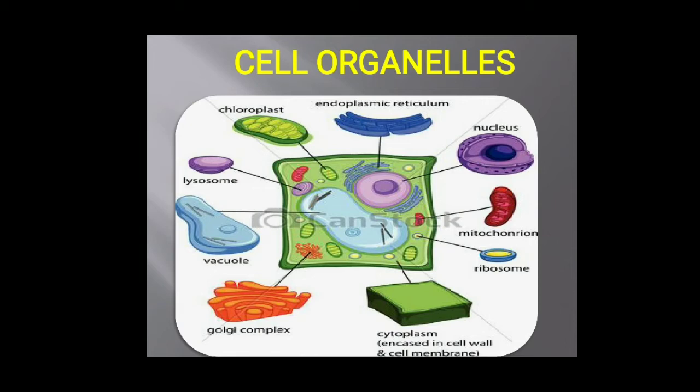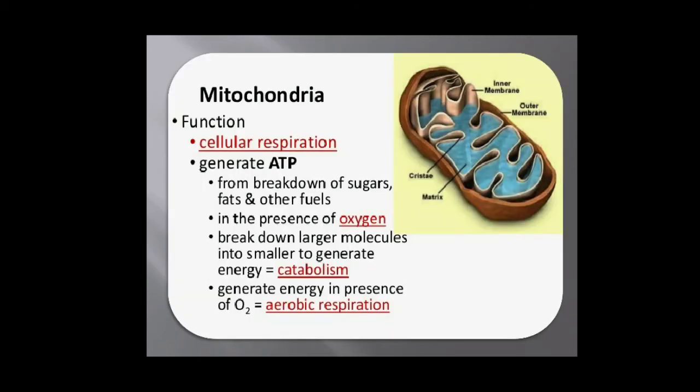So let us once again discuss each and every cell organelle in detail. The important cell organelle which helps in producing and storing energy inside the cell is mitochondria. Mitochondria is called the powerhouse of the cell because it stores energy in the form of ATP. The function of mitochondria is cellular respiration.